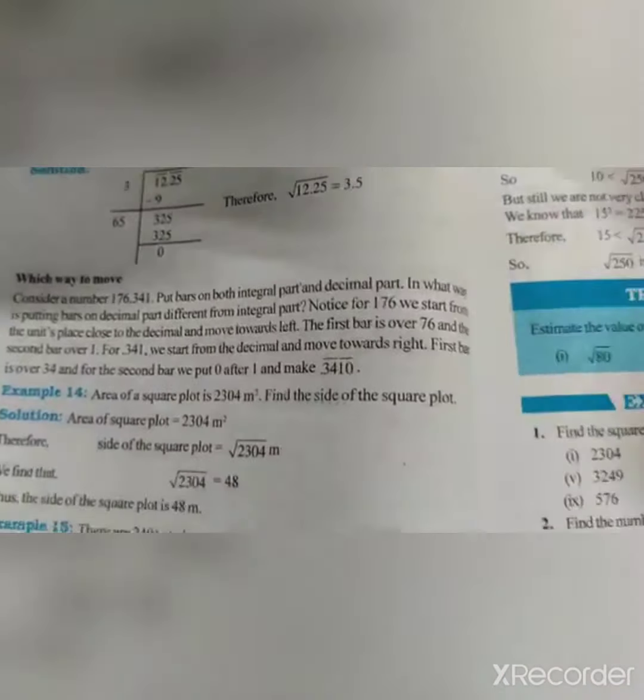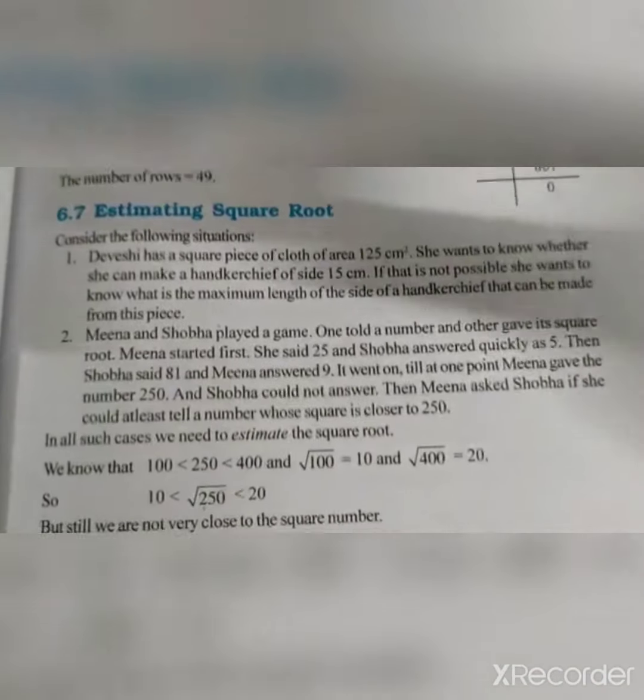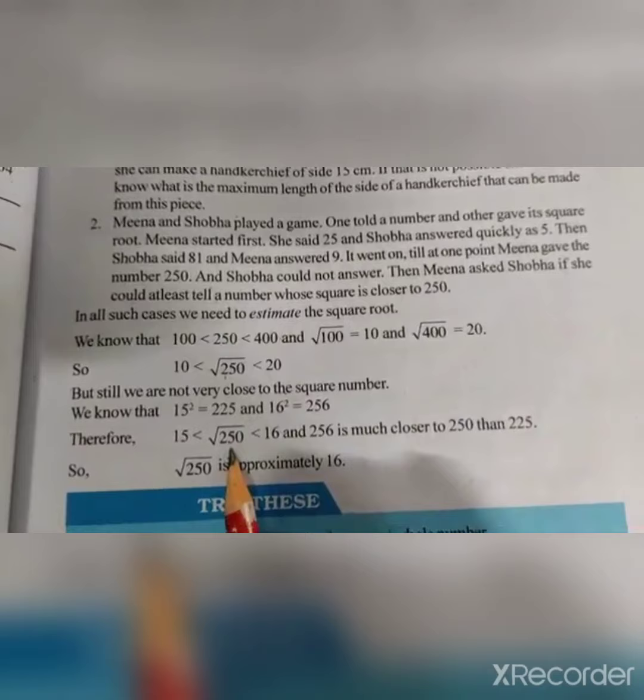Some important things I want to tell you. Now estimation. In estimation, suppose we are deciding on a number, and that number is lying between the squares of two numbers. So it is near 250.